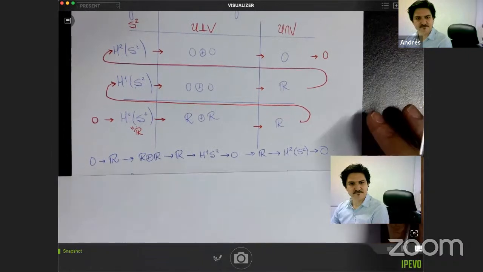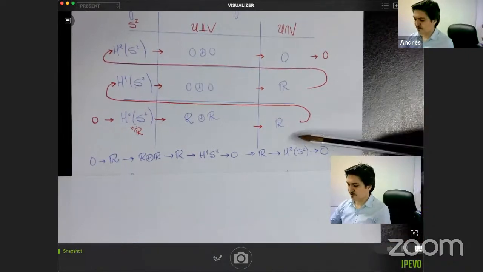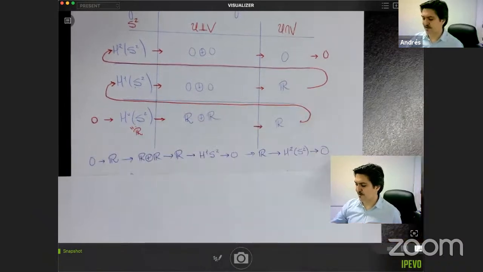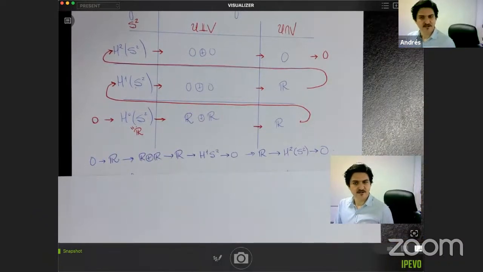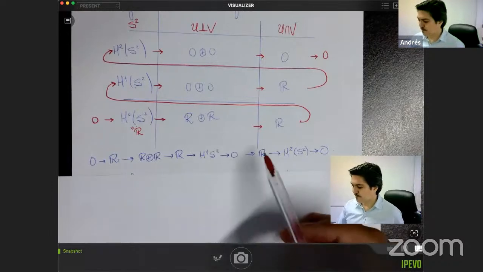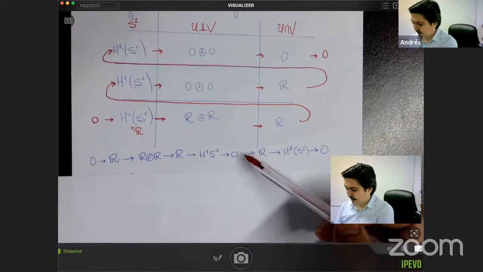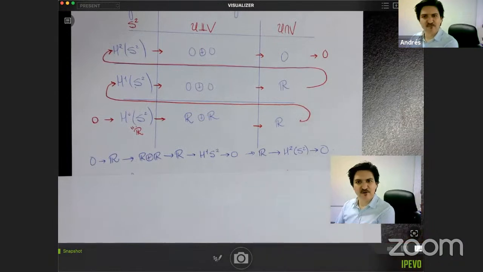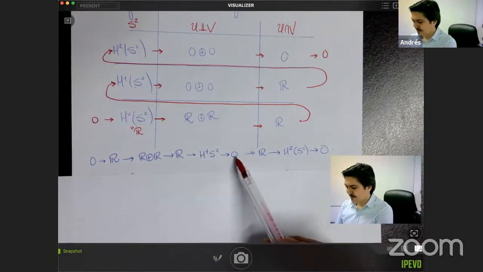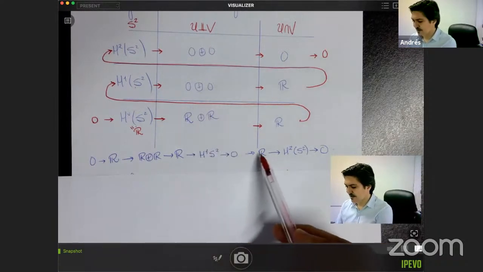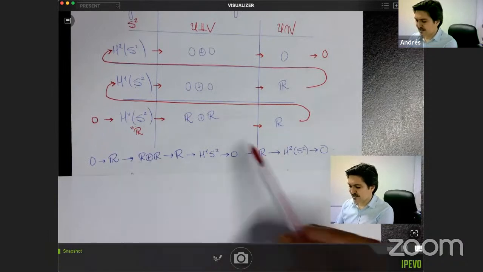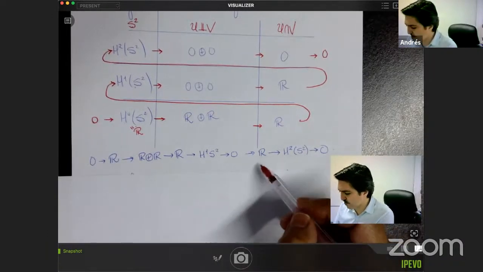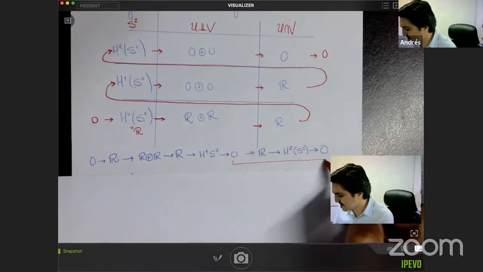Okay? So in this diagram, I just wrote it down here. So what I said a minute ago, when you have 0, things become easy for us. Because having this 0 here corresponds to this one here. So I can just split the exact sequence. I only care about this.